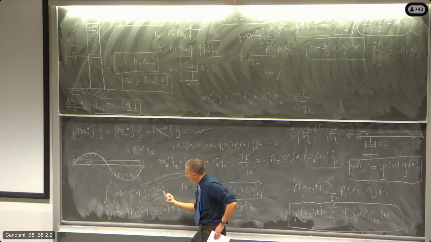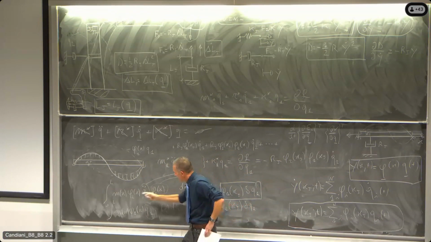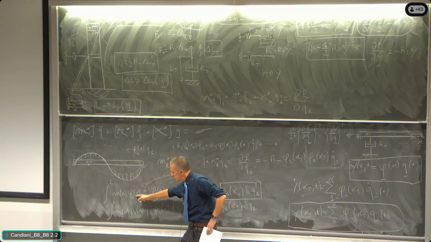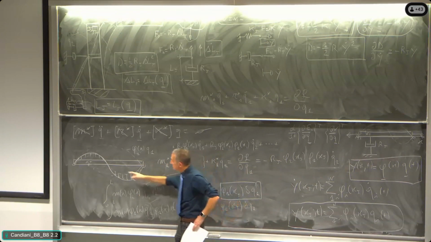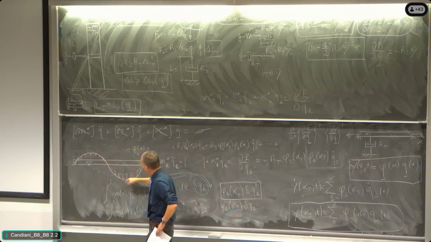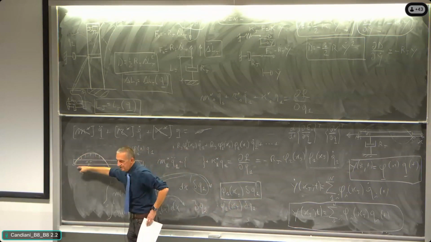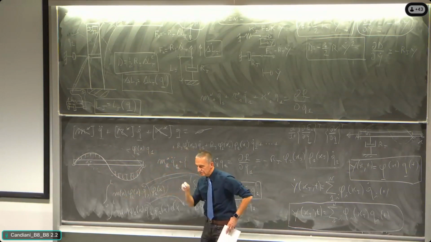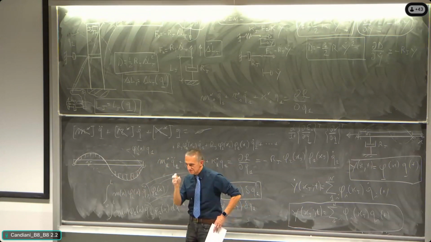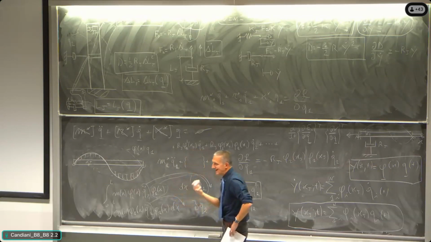But into the integral, I will have phi2 function of x times phi1 function of x. And so I have the integral of this shape through this shape weighted by the mass distribution, and for the orthogonality property, this is 0.